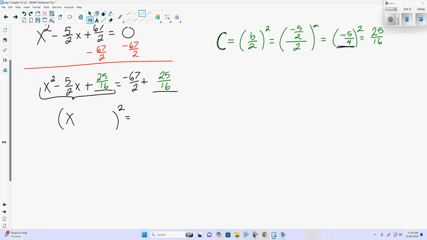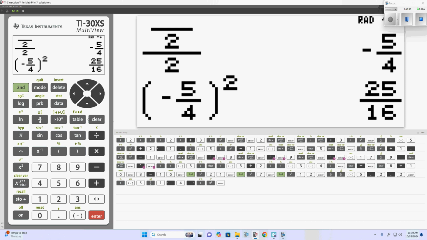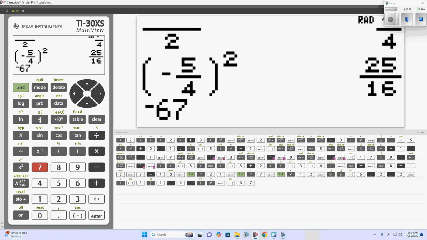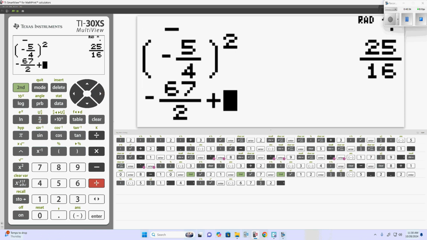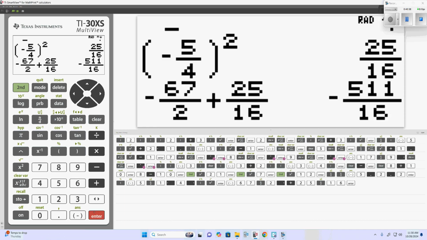Because the number inside the parentheses before we square to find C is the number and sign, so number 5/4, since it's negative minus, that goes in this here. Here's 67/2. Gives us a nice number of negative 511/16.